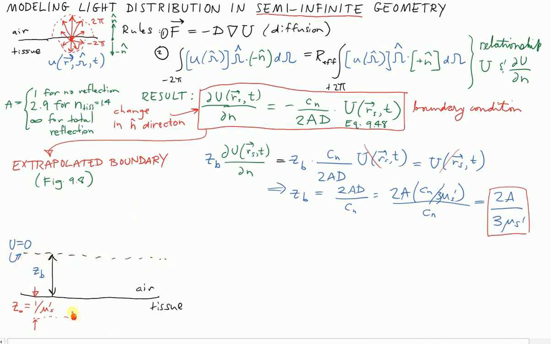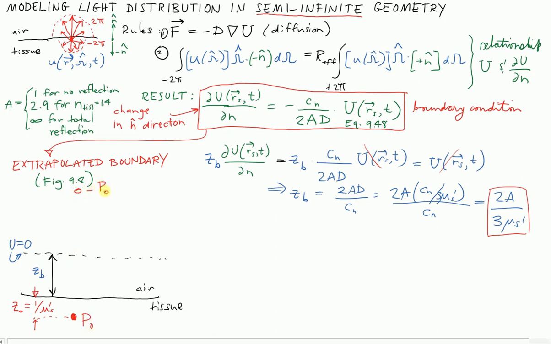And the answer is to do a mirror reflection: go from the source to the boundary, double that so that it's symmetric across the boundary, and put an image source here. I'm going to draw it as an open circle, because this is going to be a source of negative photons. So if down here at the bottom I have a power P naught, here I have a power negative P naught.